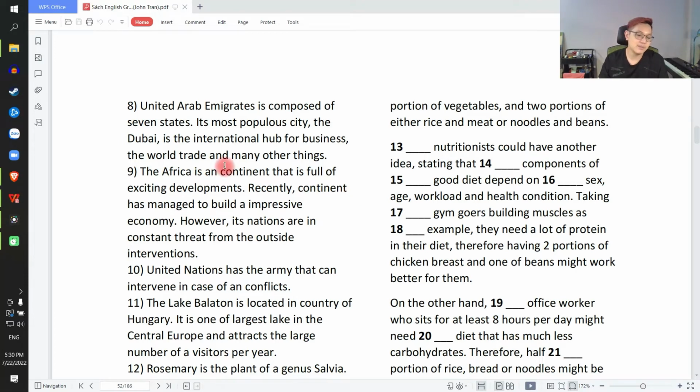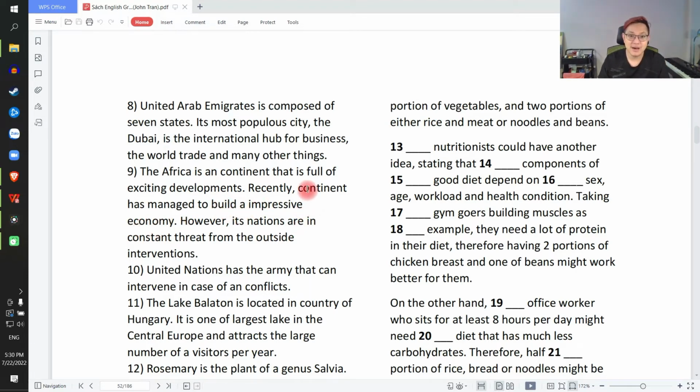Cái chỗ đầu tiên này mình muốn đưa ra một thông tin mới, đó là một cái lục địa mà đầy những sự phát triển thú vị. Cho nên cái chỗ này nó phải có an đầu tiên. Nhưng mà lần thứ hai mà nó biết nói về lục địa nào rồi, cho nên là phải có mạo từ xác định the ở đây không. Recently, the continent has managed to build an impressive economy.